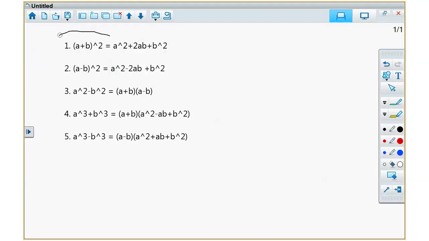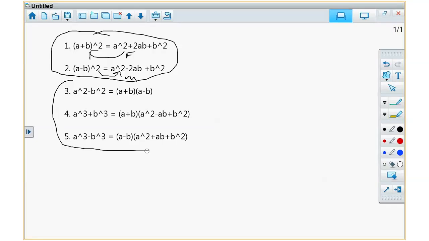With these two, if you go this way, it's factoring. If you go this way, it's multiplying. But it's backwards with these three. If you go this way, it's multiplying. If you go this way, it's factoring.